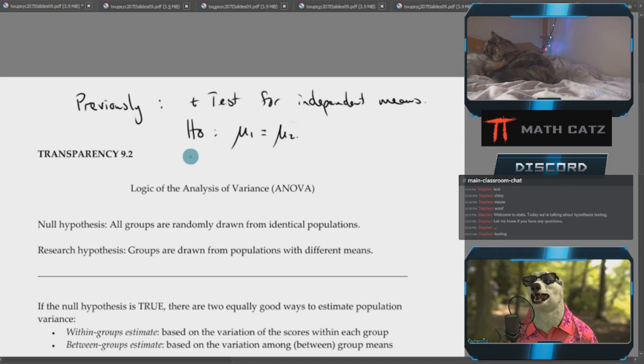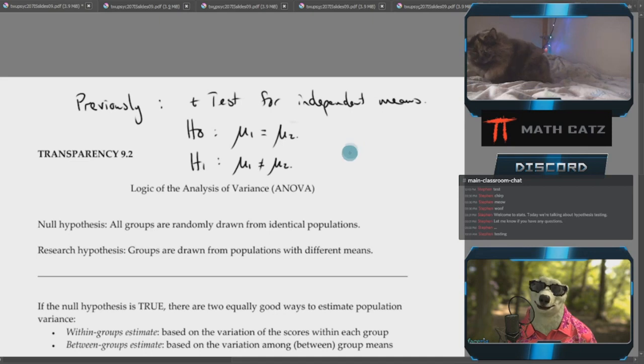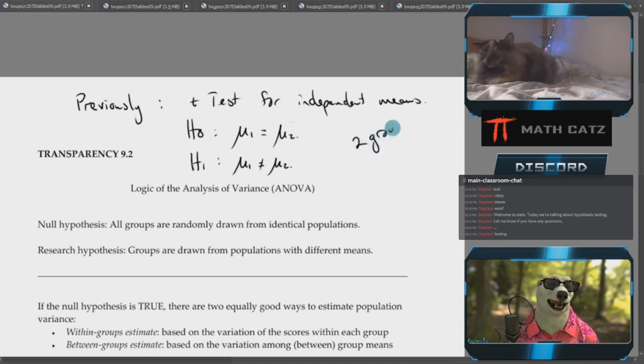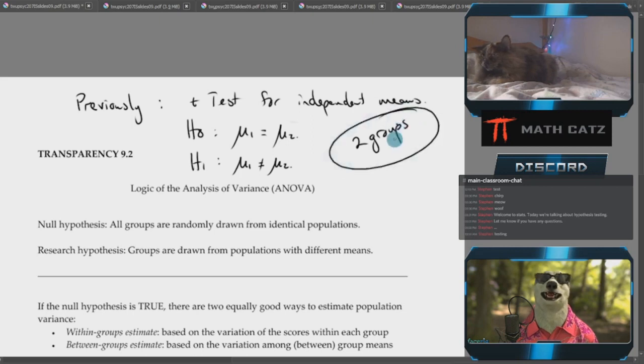So here our research hypothesis was not the same. And we had our t-test, we set it up, we calculated the t-score, and everything made sense. The only real thing we're doing here is noticing that this t-test was for two groups and comparing two means.